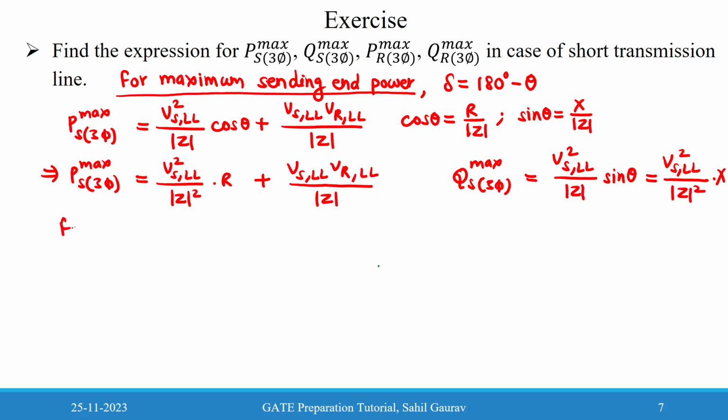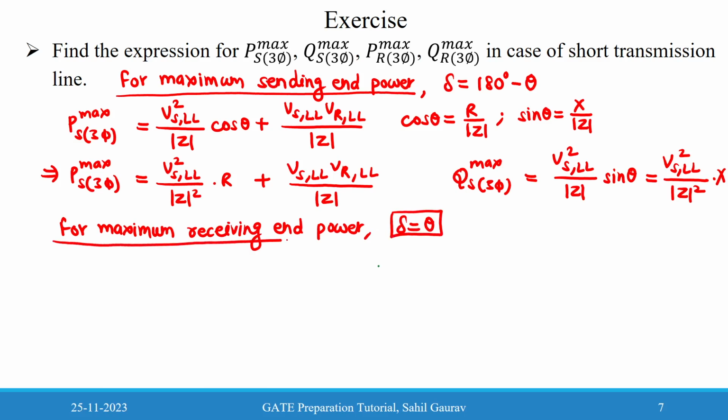And similarly for maximum receiving end power, what will be the value? Delta is equal to theta. So just keep in mind this expression for sending end power.